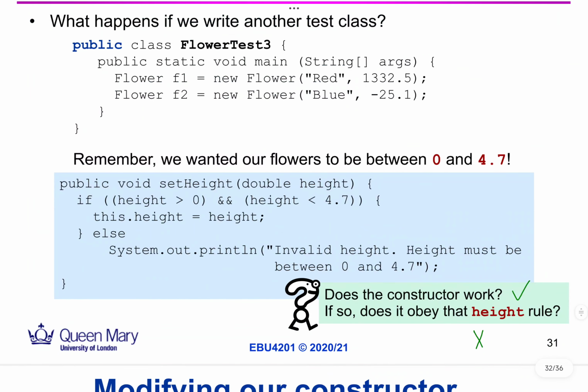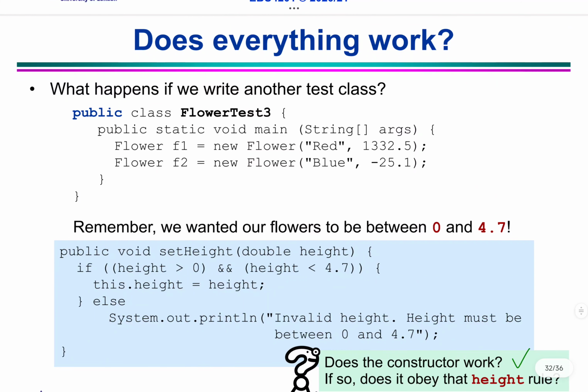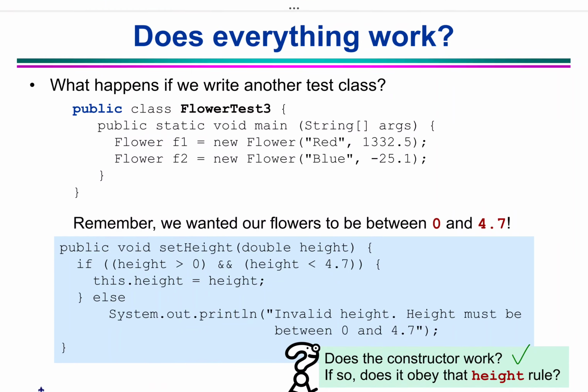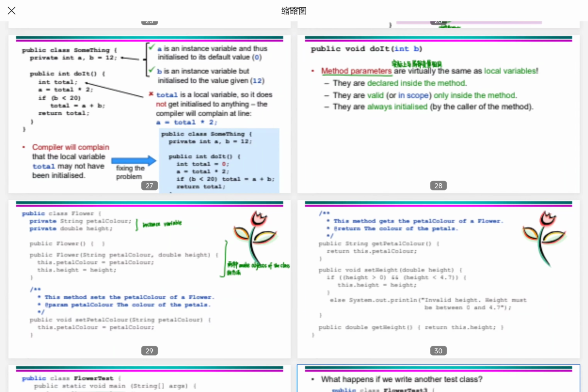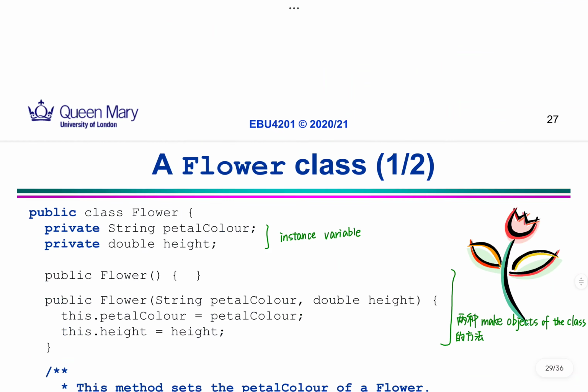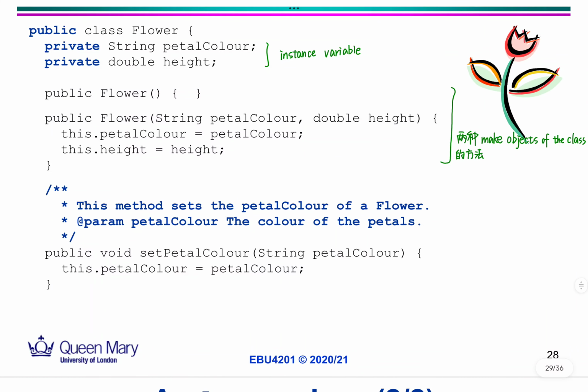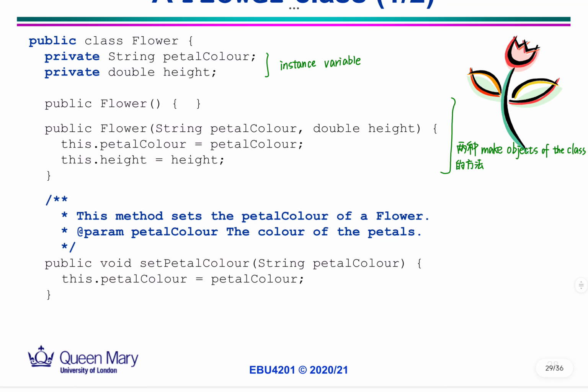Does everything work okay? What happens if we write another value where my upright is nowhere right? Okay, one way is to write some set constructors, where there is double height.